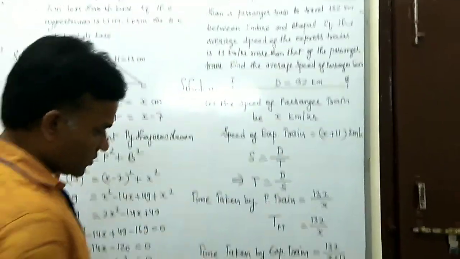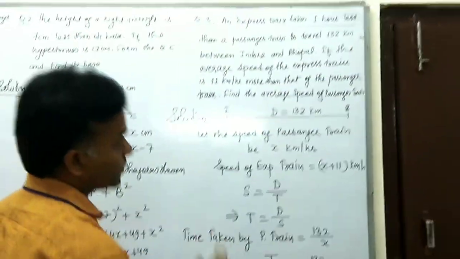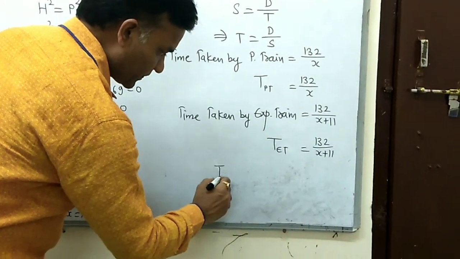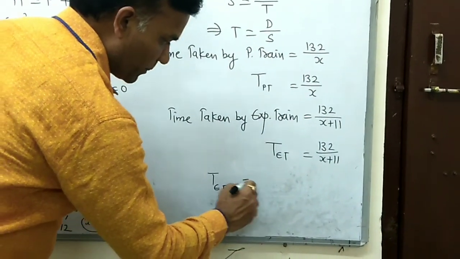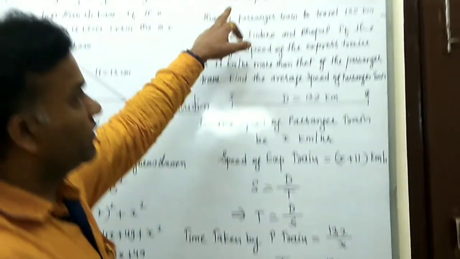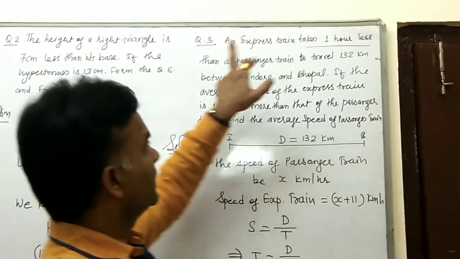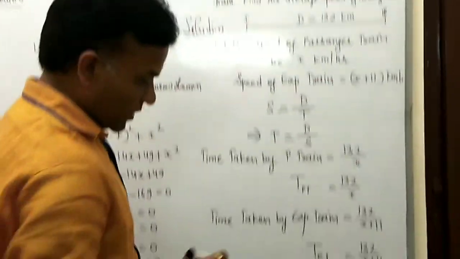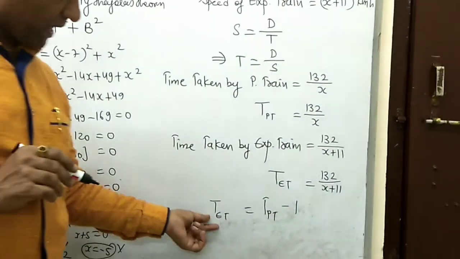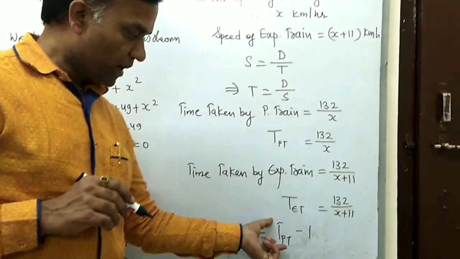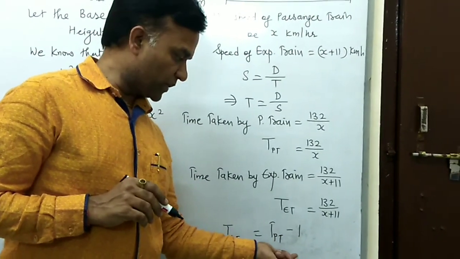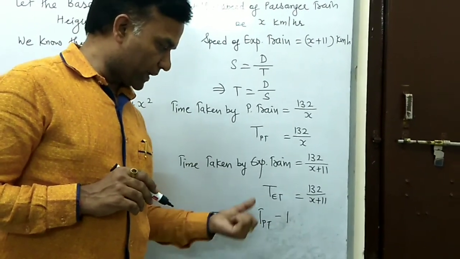The express train, so you write down according to the question, an express train takes 1 hour less than the passenger train. So 1 hour less than the passenger train means minus 1, because time taken by the express train is equal to time taken by the passenger train minus 1, because this is the difference between these two times, 1 hour.